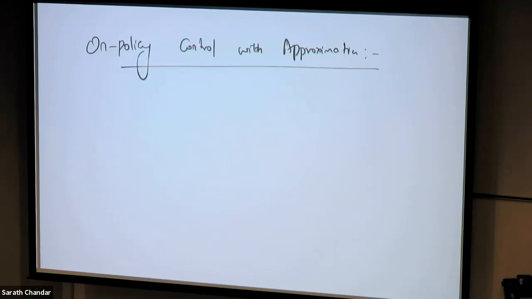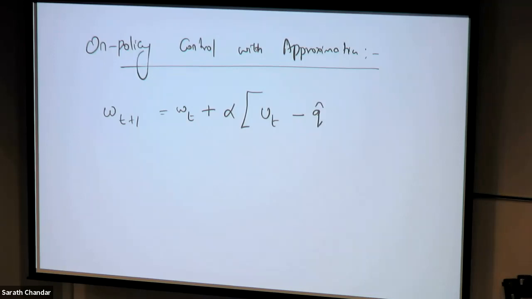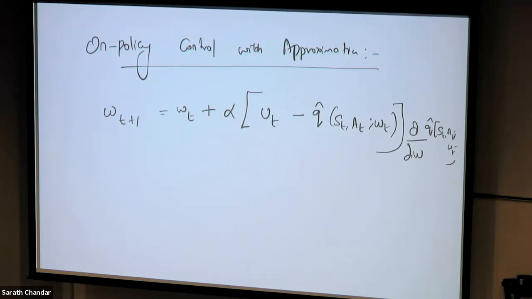My general update equation is going to look something like this: Wt+1 is equal to Wt plus alpha times Ut minus, instead of the state value, a Q function approximation, Q hat of St, At given Wt, then dou by dou W of Q hat of St, At given Wt. Is that clear? So it's the same equation. The only difference is instead of state value, I have Q values.